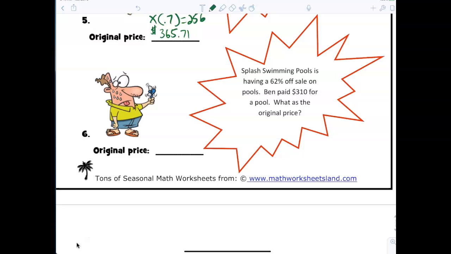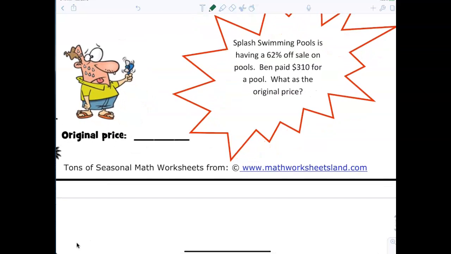Splash Sprinkles is having a 62% off sale. Ben paid $15 for photos. Now let me ask you this real quick, and again, I'm trying to teach everybody how to do this: 100 minus 60 and then minus 2, so it'd be X times what?